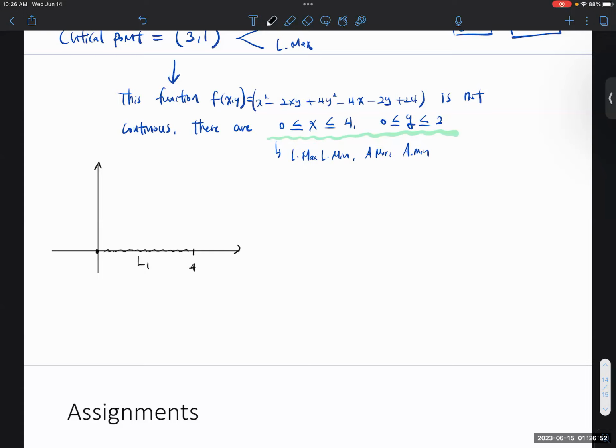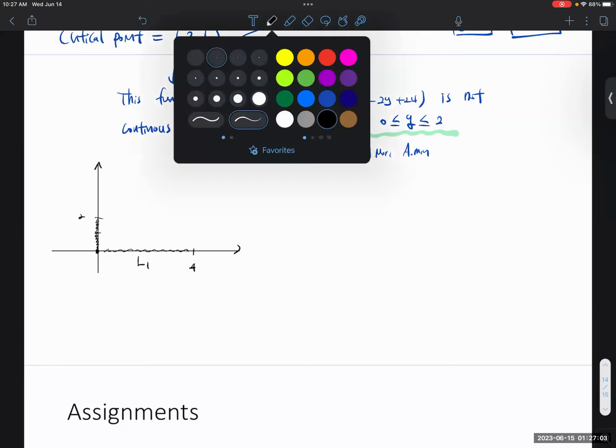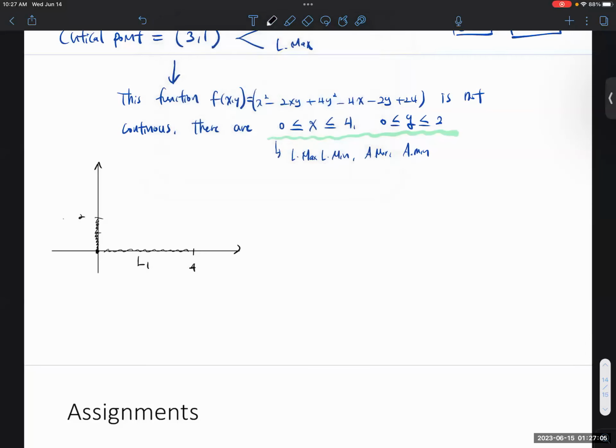And then there's another boundary for y equal to 2 here. So let's say this is another line, L4. This is the boundary where x is between 0 and 4, y is between 0 and 2.